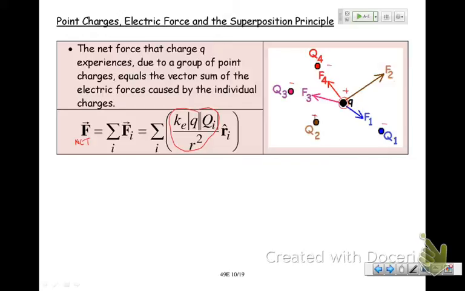We look and we say, what's the displacement vector from Q to Q3? And then we normalize that, and that's the vector we use. What's the displacement vector from Q to Q2? Well, we can work out what that direction is, normalize it. We've got to remember it's in the opposite direction. So there are these various games we can play.